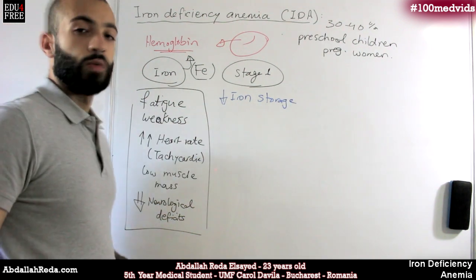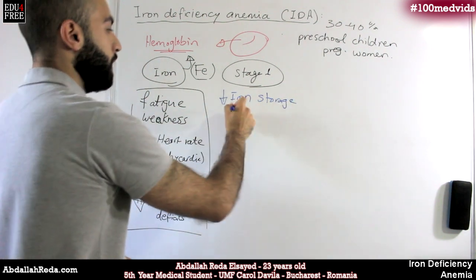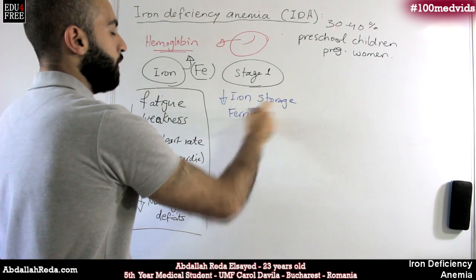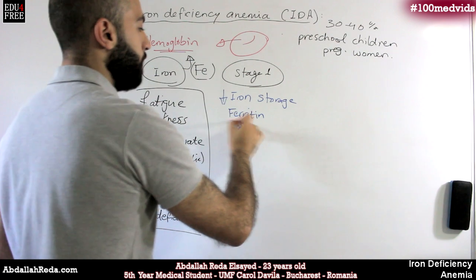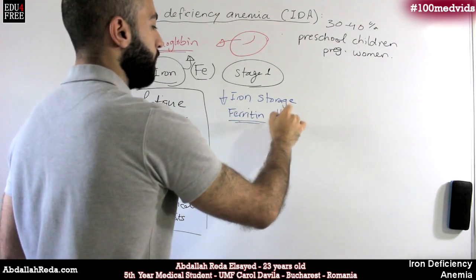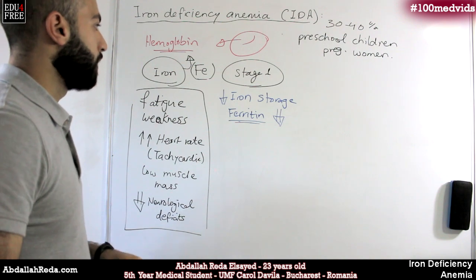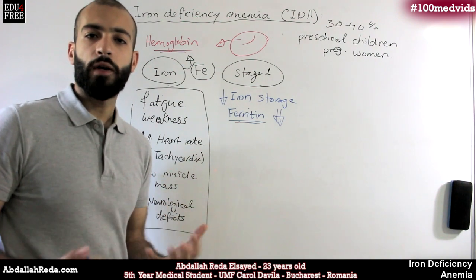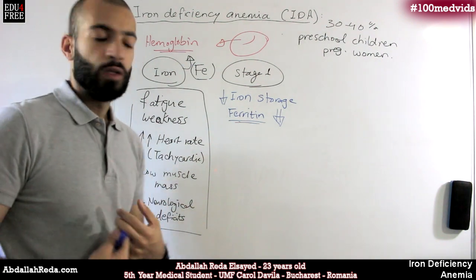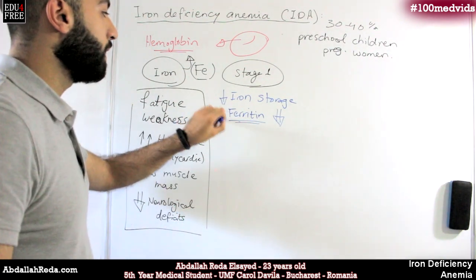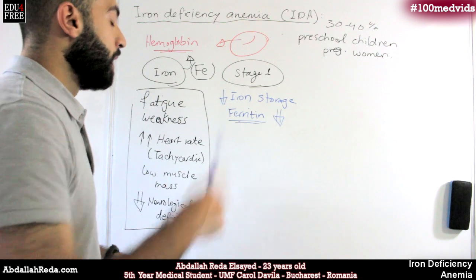Iron is stored in a protein called ferritin. So we get a drop in the levels of this protein in the blood because there is not enough iron supplied to the blood, so there is no use of having more of this protein. So we have a drop in the levels of ferritin.